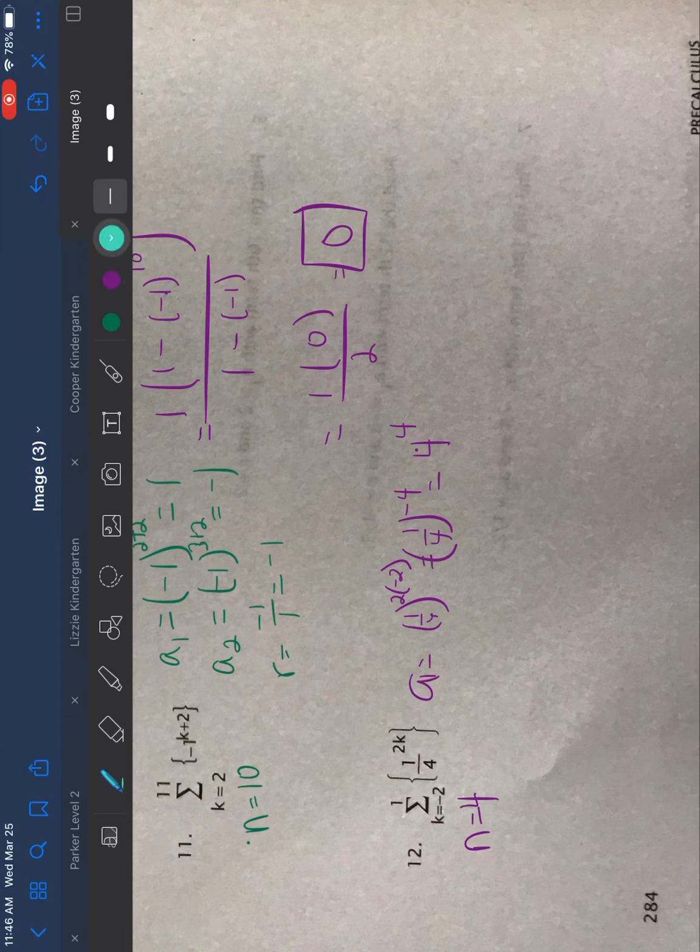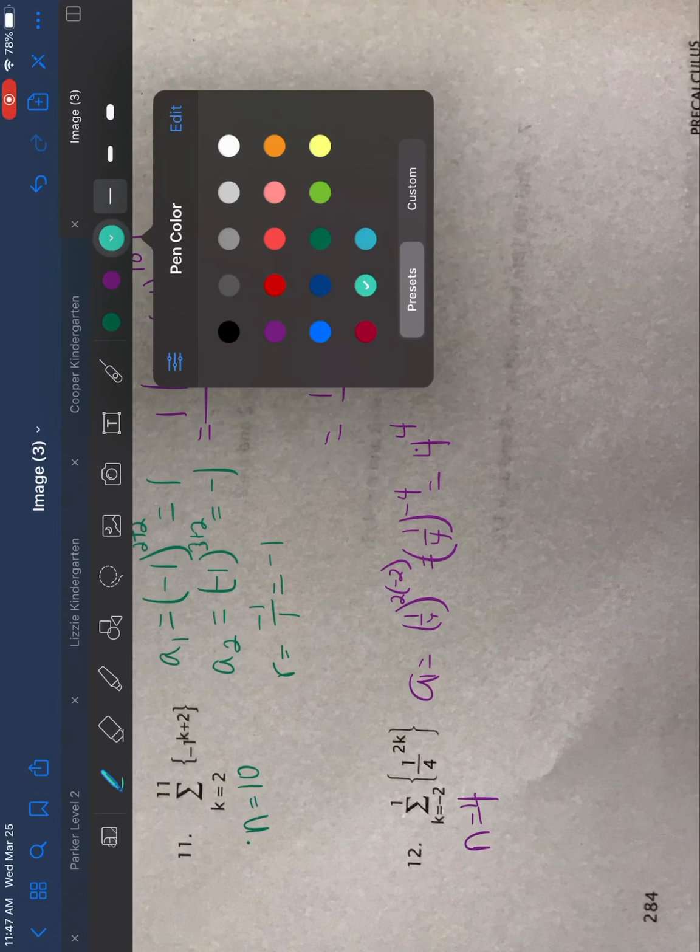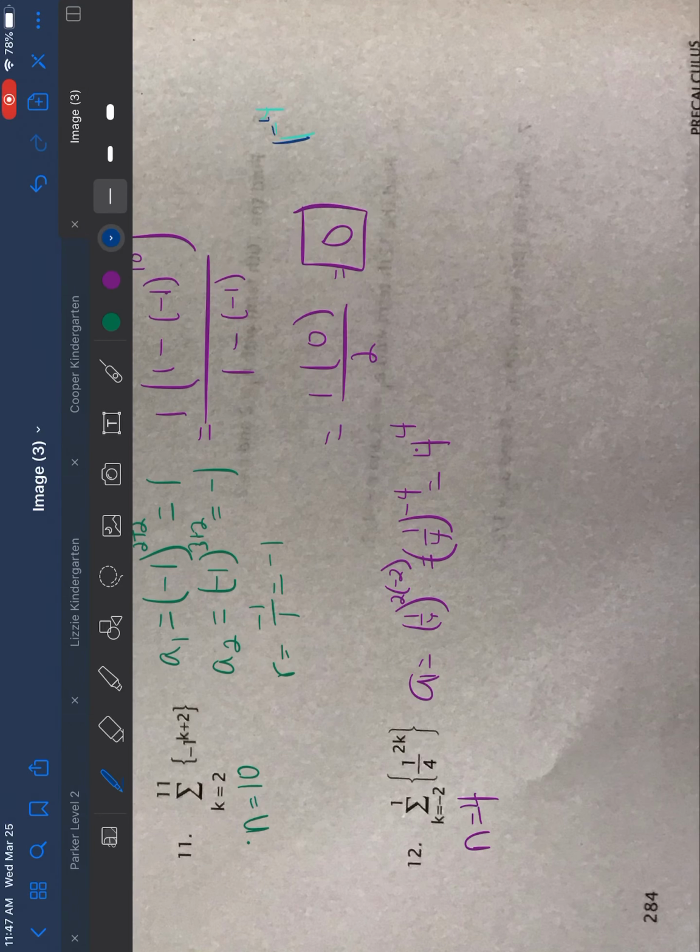To see that quickly out to the side, 1/4 to the negative 4 is the same as 1 to the negative 4th over 4 to the negative 4th. Anywhere you have a negative exponent, you can move that whole thing down.